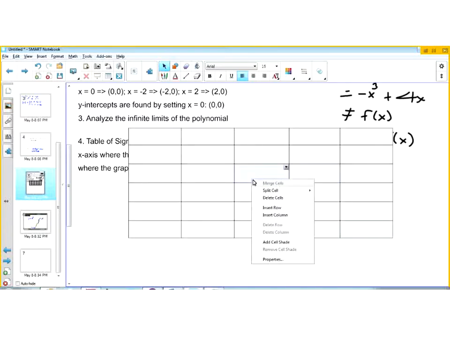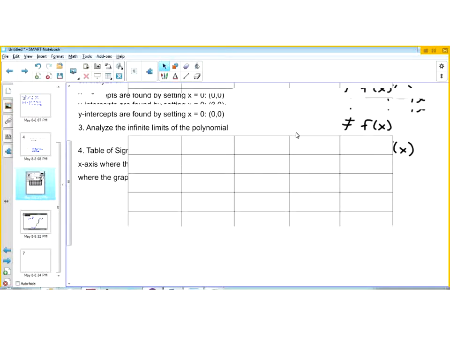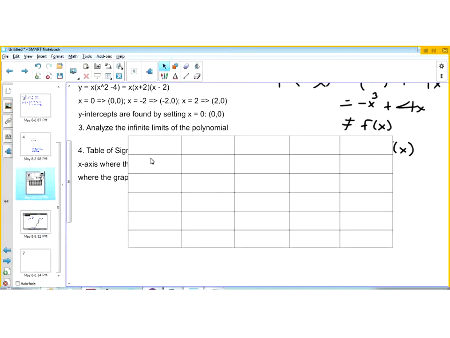This table doesn't want to move. All right, so how do I grab the table handle without redrawing the table? Oh, this is so annoying. Well, okay, I'll just work it here then.